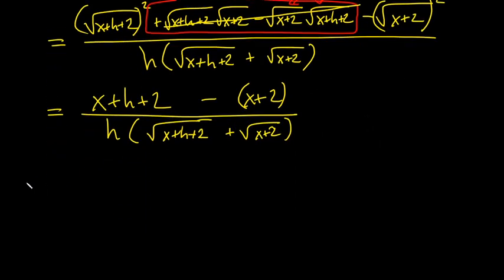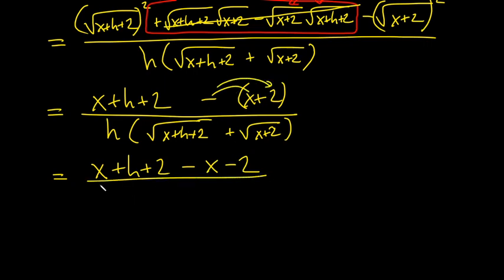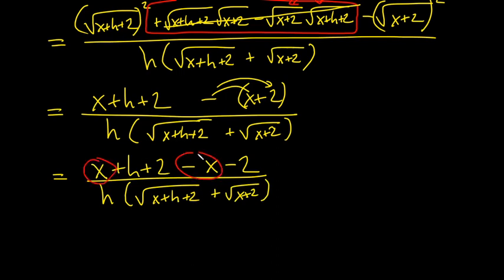If you look at the numerator carefully, we have x plus h plus 2 minus x minus 2. Don't forget to distribute the negative sign. And now a lot of things in the numerator end up canceling. Hopefully you can see it. It's x minus x is 0, and 2 minus 2 is 0.